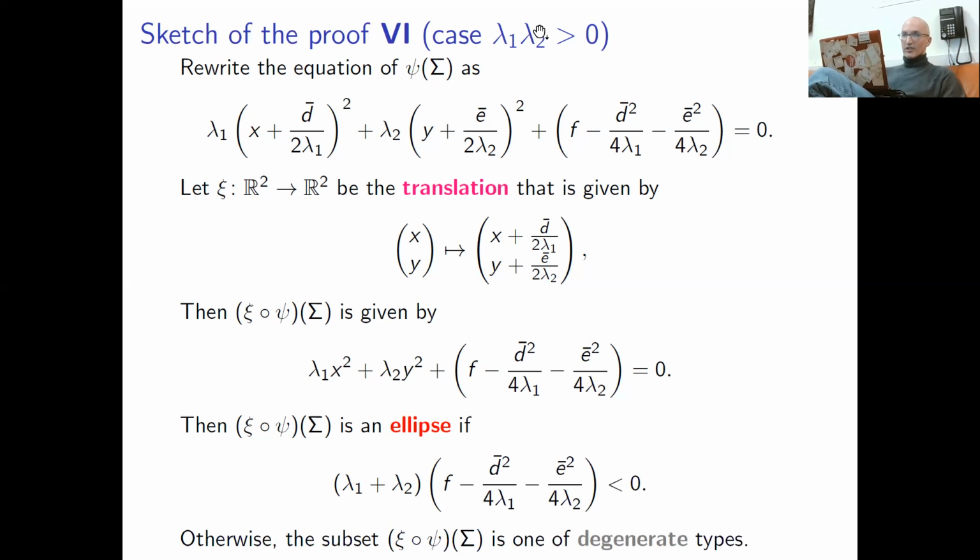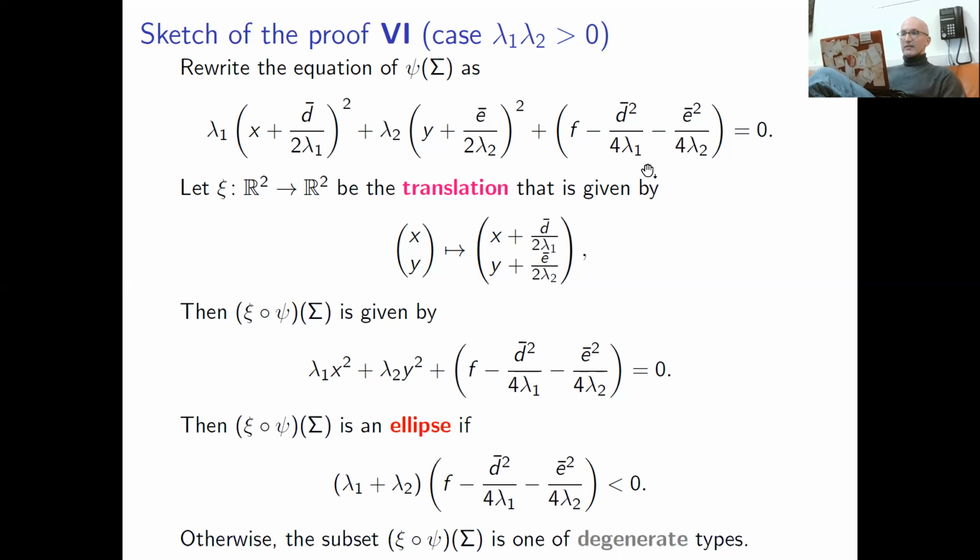We know that they are of the same sign, and multiply by this number, and it should be negative. So basically the sign of lambda 1, lambda 2 should be different from the sign of this number. And this number cannot be 0. Otherwise we have some degenerations. Okay, this case is done.